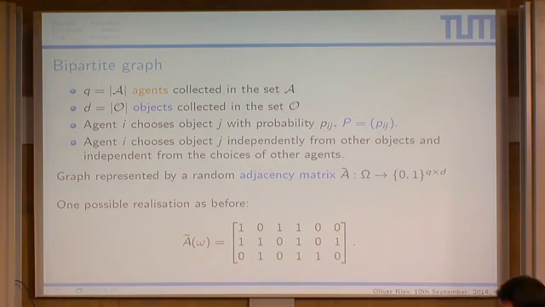So that means the market is determined by a random graph, which is inhomogeneous because we allow for different p_ij. Okay, and this random graph can be represented just as a matrix A tilde of dimensions Q times D.